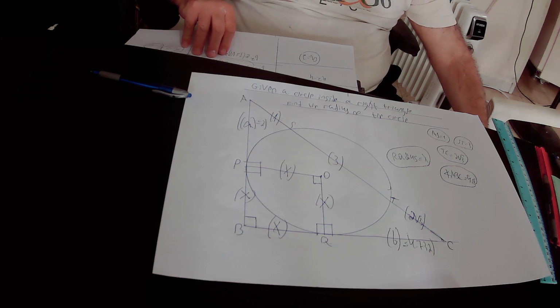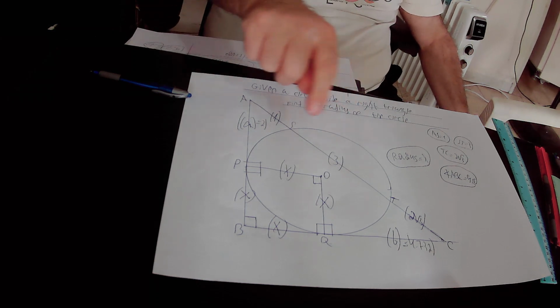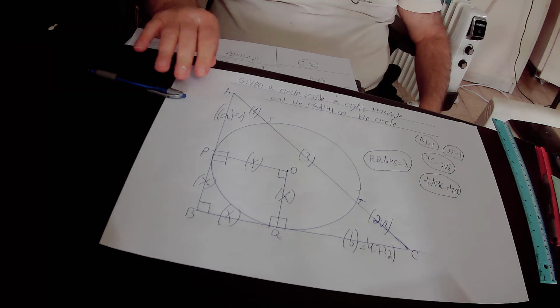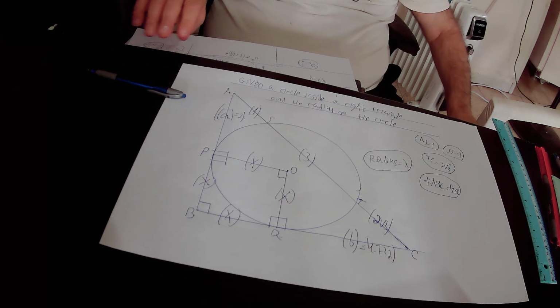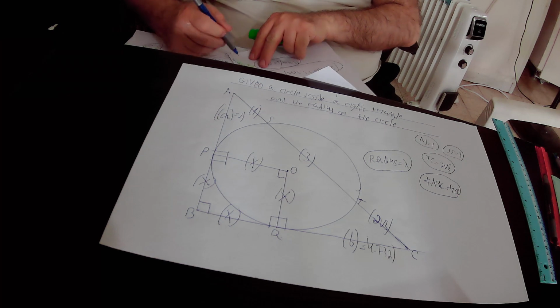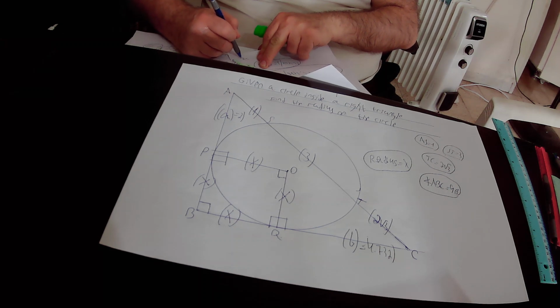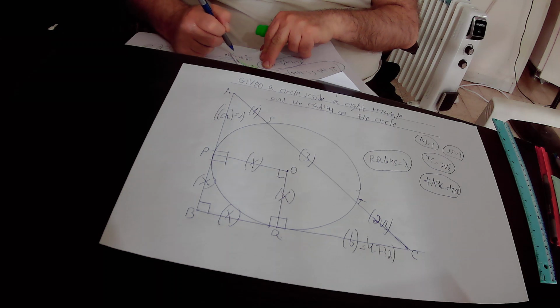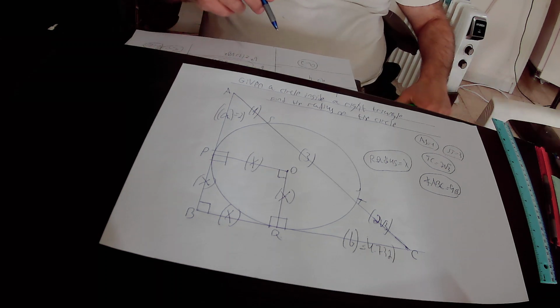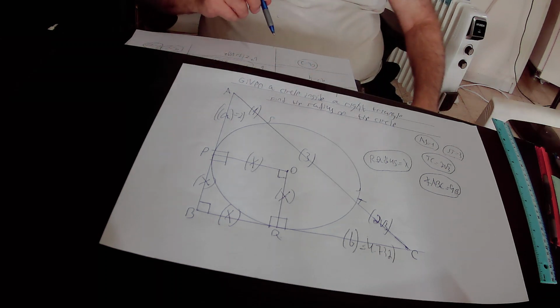In this lecture, we found out the radius of this circle. So, in the drawing, we have a right triangle ABC.